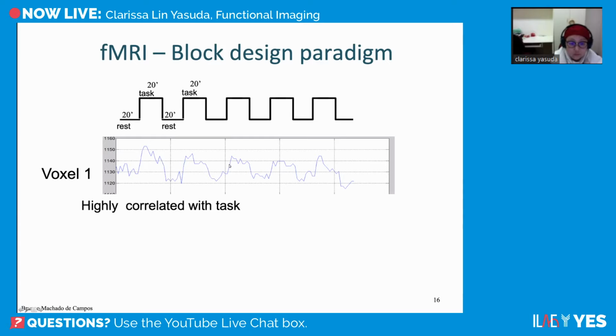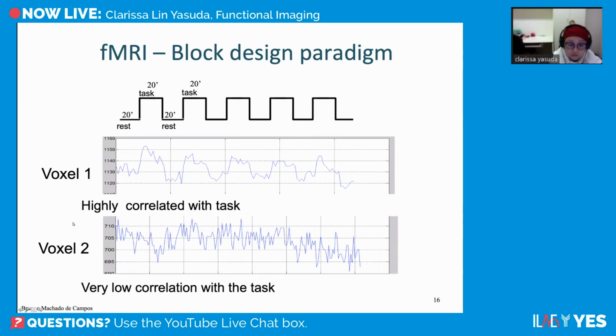The BOLD signal is correlated with the task. If you take a look at another voxel far from the region, it has no relationship with the task you presented to the subject. There's a very low correlation. So this voxel is not involved in this task. Okay, so this is how we will get the activation map.